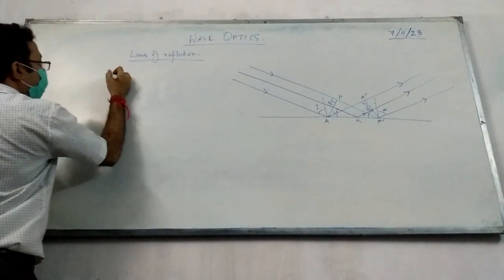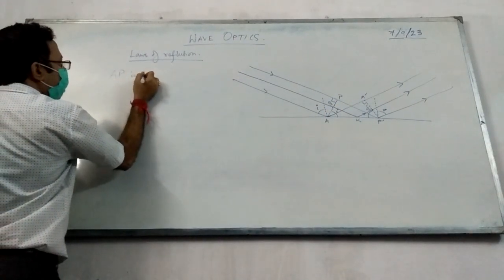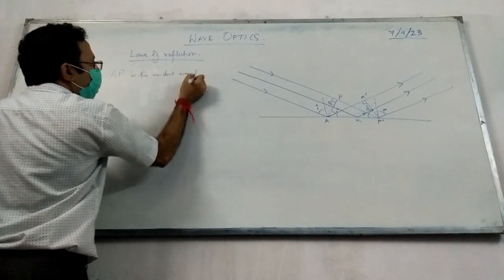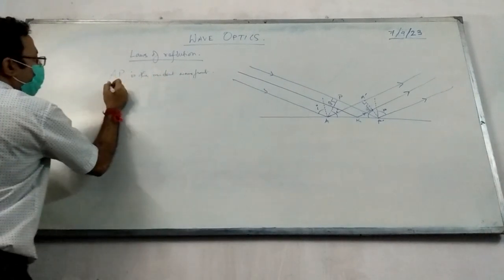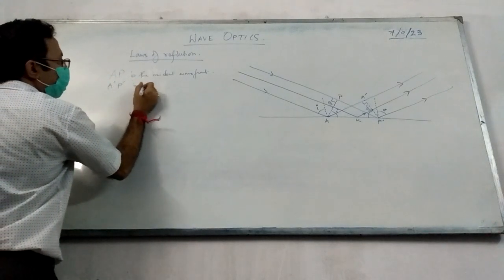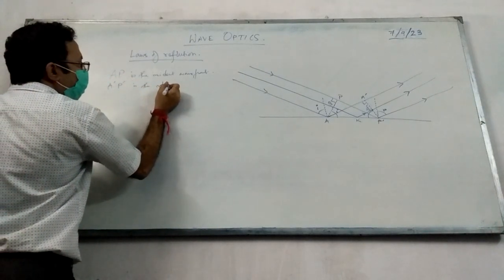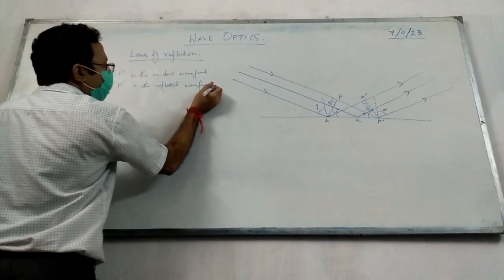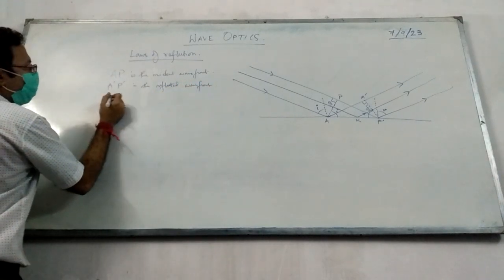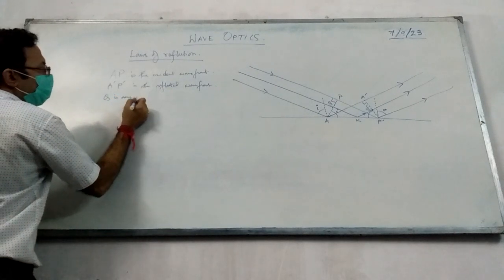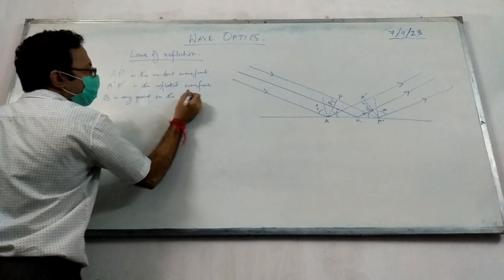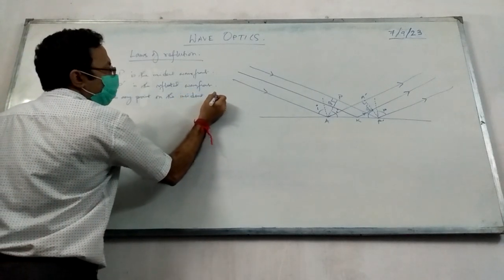So, AP is the incident wavefront, A dash P dash is the reflected wavefront, Q is any point on the incident wavefront.